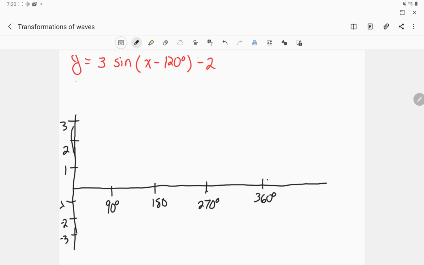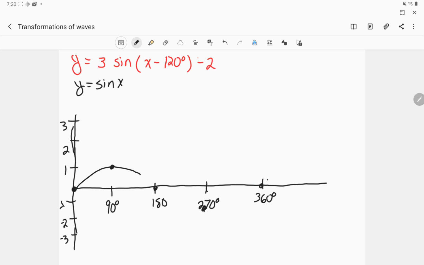So the first thing I'm going to graph is I'm just going to graph y is equal to sine x. Just a plain sine x graph with none of this crazy stuff around it. Okay? If I do that, sine of 0 is 0, sine of 90 is 1, sine of 180 is 0, sine of 270 is -1, which is right around there, and sine of 360 is 0.